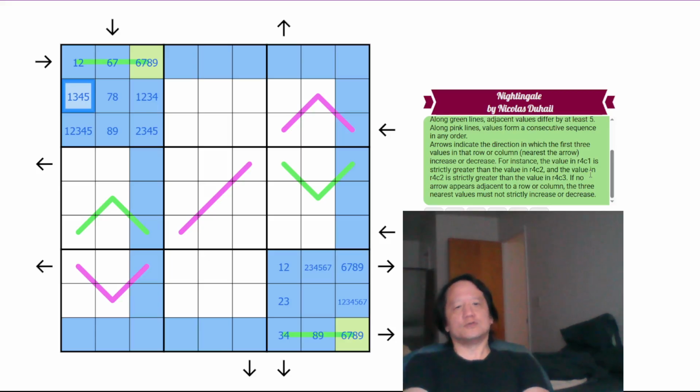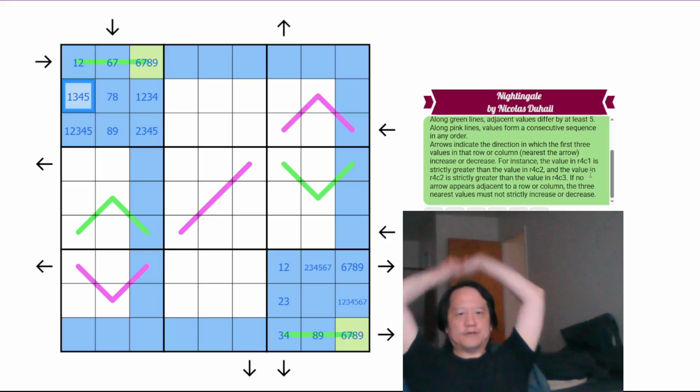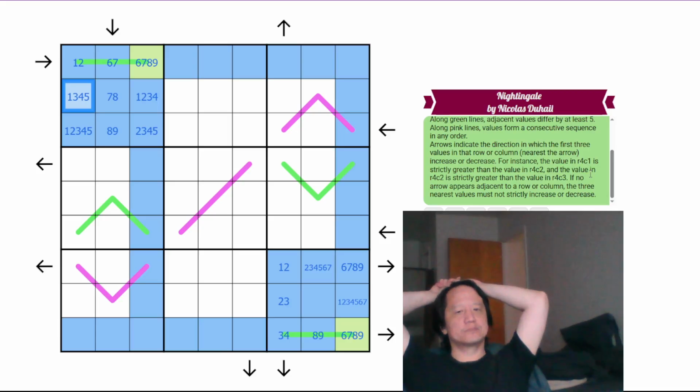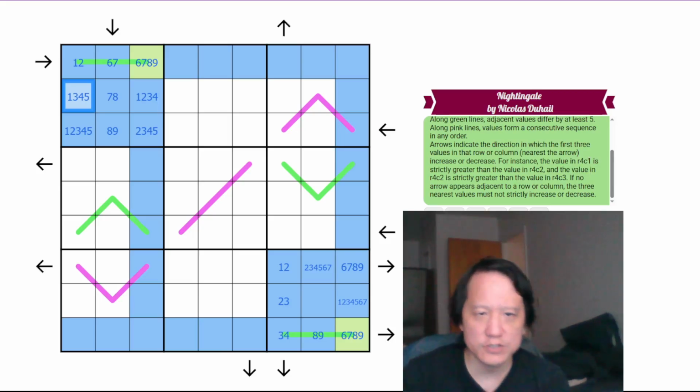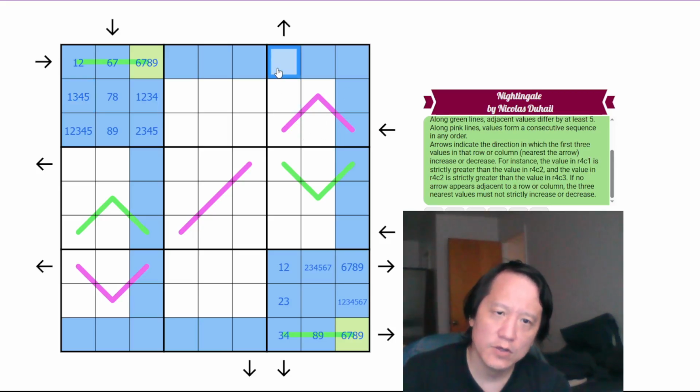What else do we have? Okay, what is this digit? This digit is greater than that, which is greater than that.